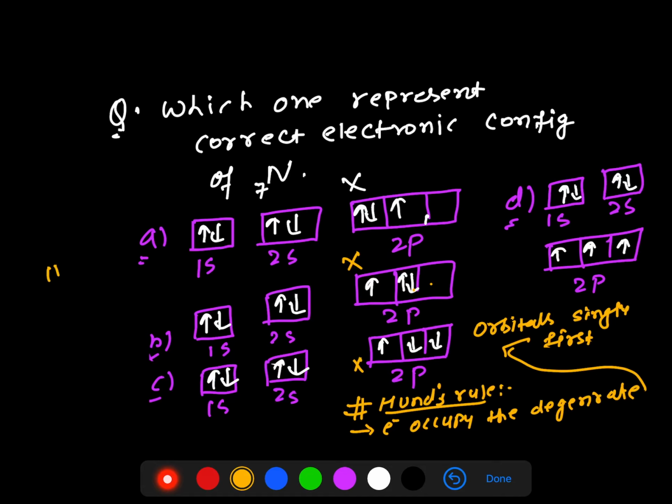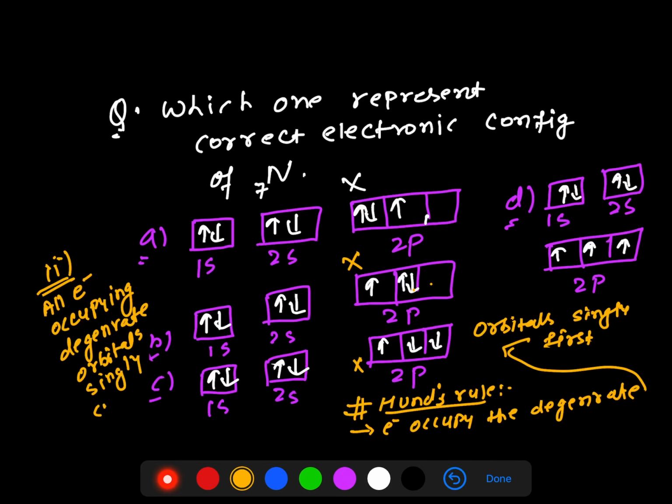There is one more statement in the same rule: all electrons occupying degenerate orbitals singly come with parallel spin.